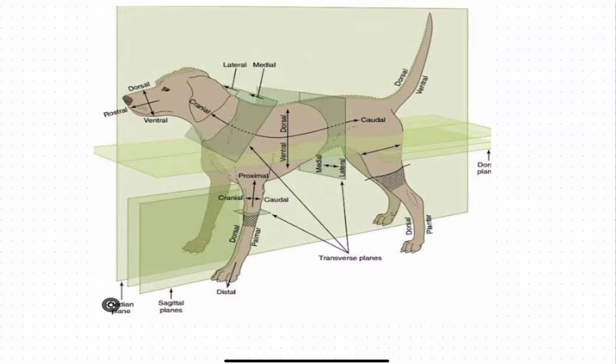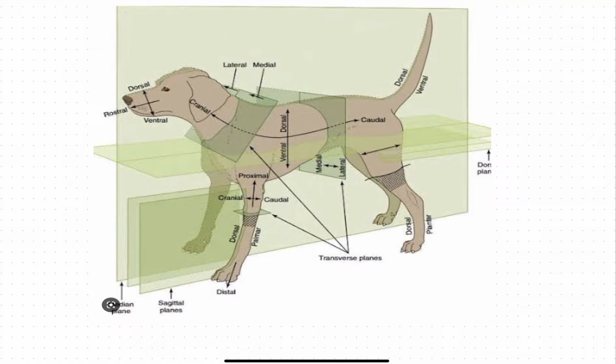Now there are certain things which we have to know about the part of an animal below the carpal and tarsal. What are these regions called? The part which lies towards the head is known as dorsal instead of cranial, in both the forelimb as well as the hind limb.